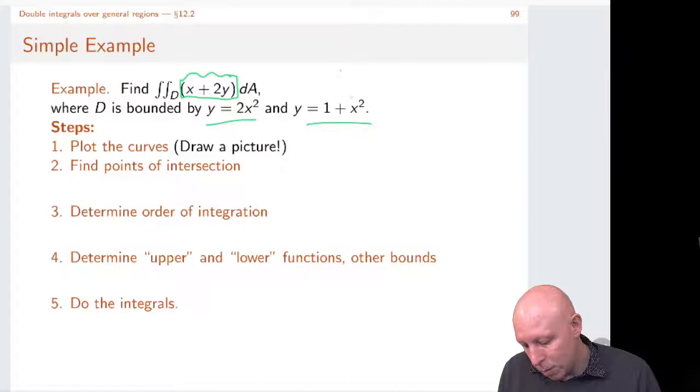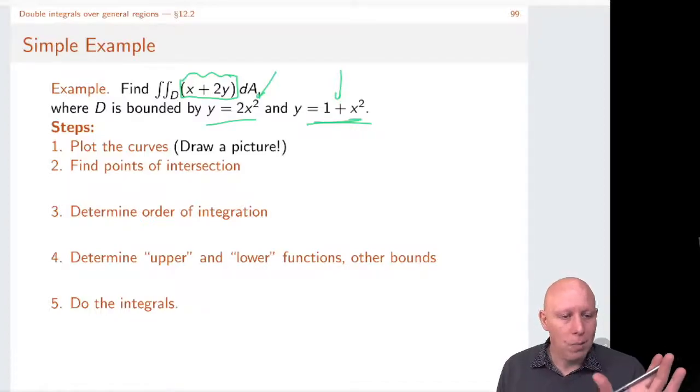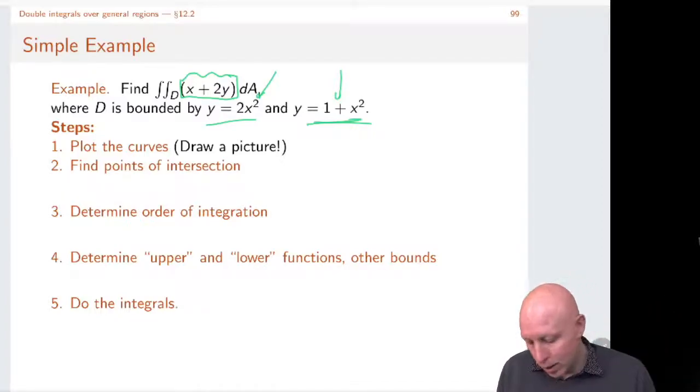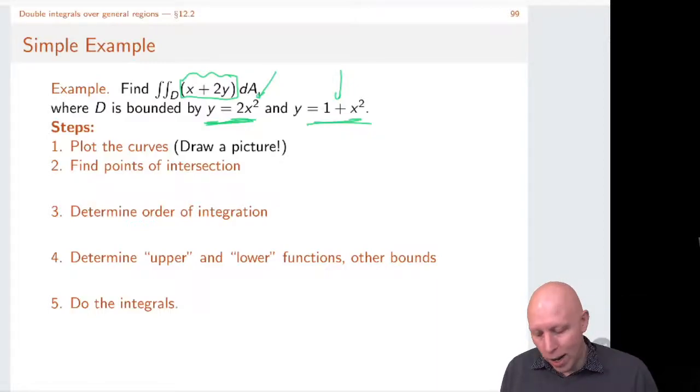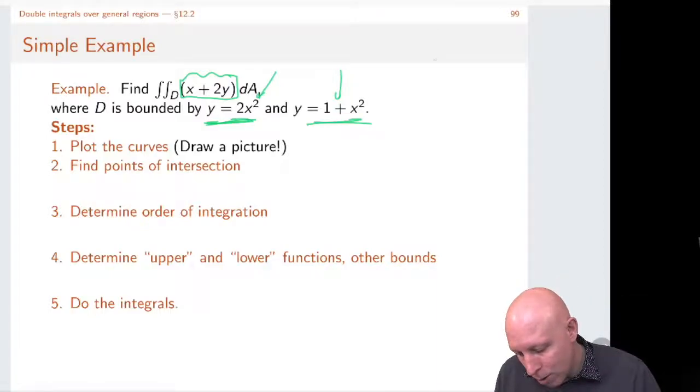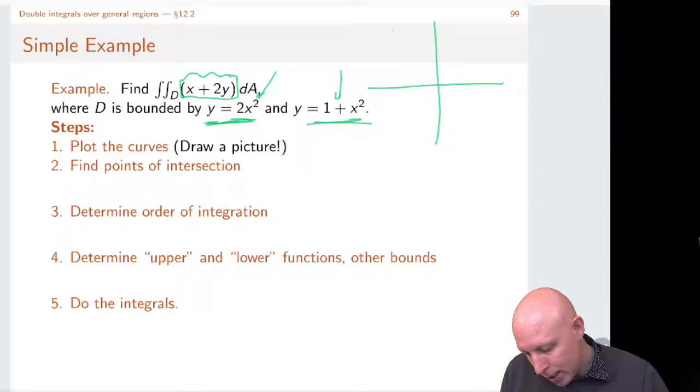Y equals 1 plus x squared, y equals 2x squared. Now 1 plus x squared, we should think parabola shifted up 1 unit. Whereas y equals 2x squared, that's a parabola that's had a vertical stretch of a factor of 2. So if we're plotting these functions, we see y equals 2x squared looks like that.